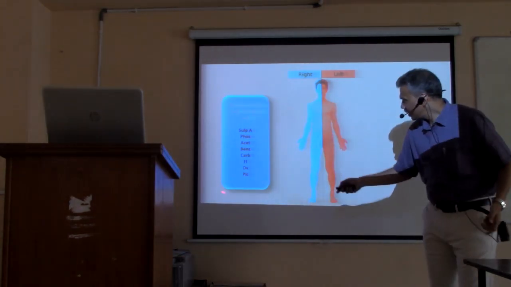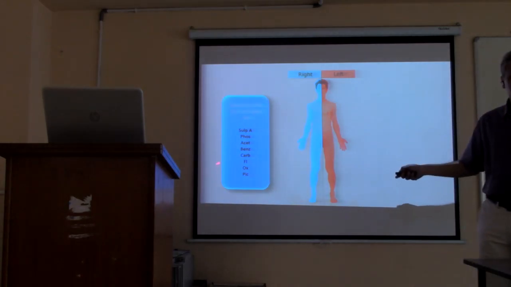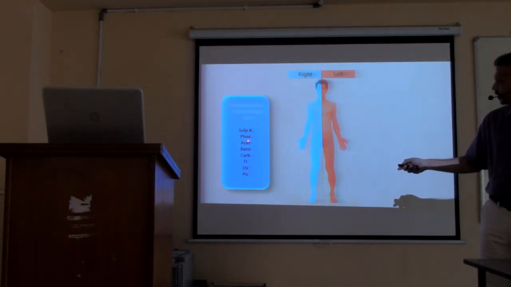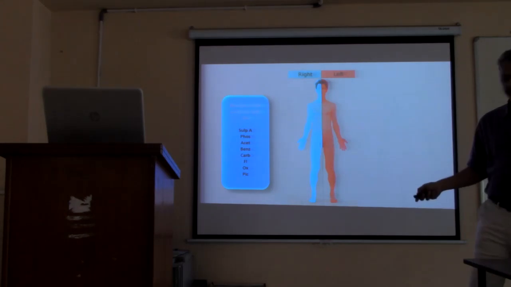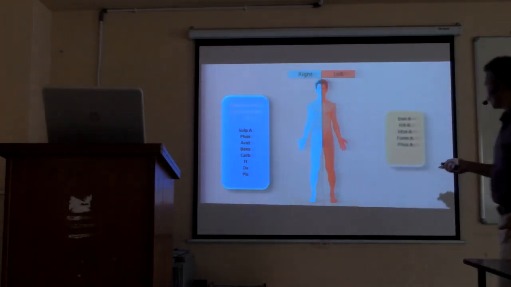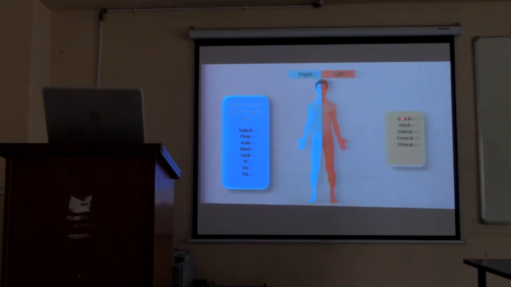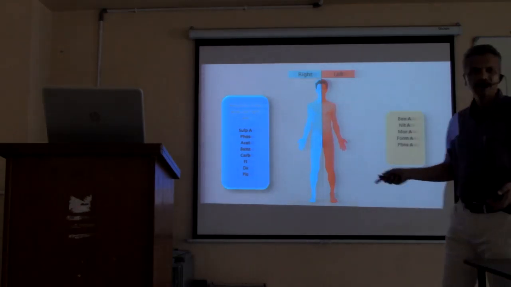I have just given you the list of right sided acids like sulfuric acid, phosphoric acid, acetic acid, benzoic, carbonic acid, fluoric, oxalic, picric. All major acids are right sided. There are very few like benzoic, nitric, muriatic, formic and phosphoric, which are better left-sided.